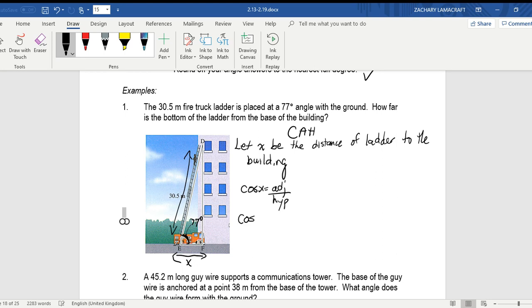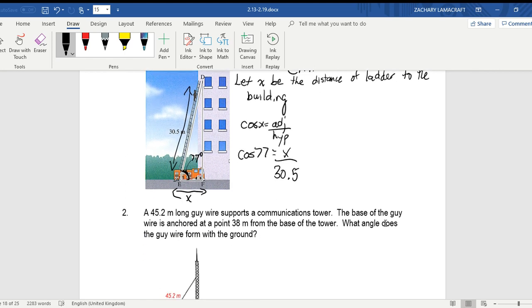So we know cos x is going to be cos 77 because that is the angle. E to F is the side beside the angle, so that's the adjacent. We know that's going to be x. And the hypotenuse here is 30.5 meters. Now we want x by itself, so to do so, we have to multiply 30.5 by cos 77.